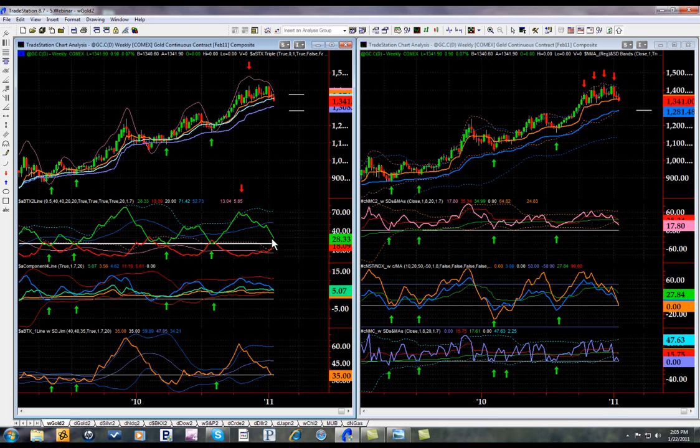So the two, it looks like, are going to meet right here, which has happened here and here, for instance. The question then becomes, will it bounce off this line here as it did before? Will it do so again here, or will it cross through?